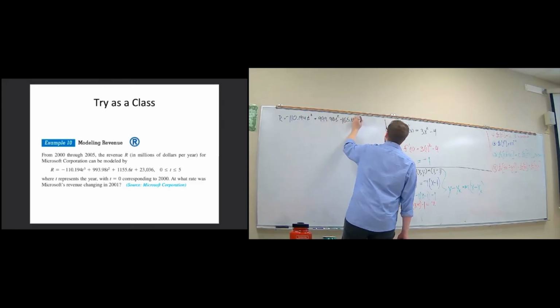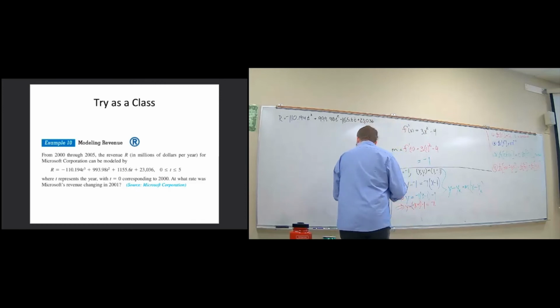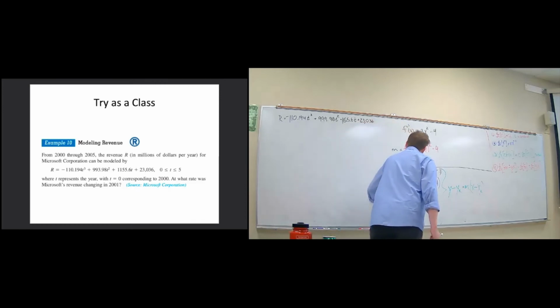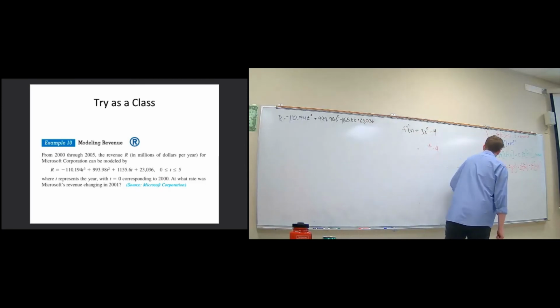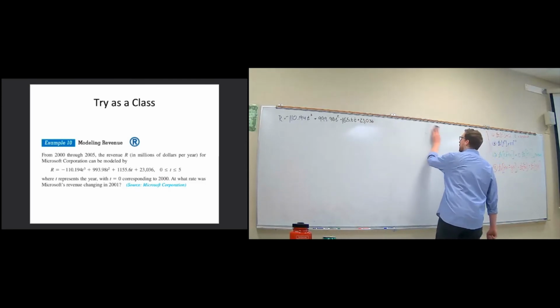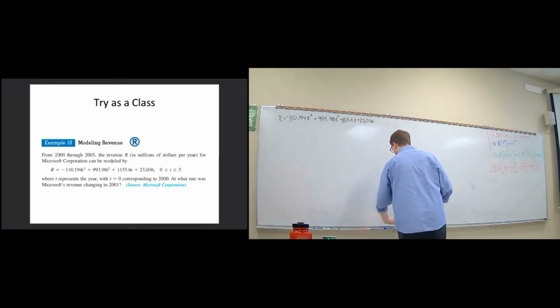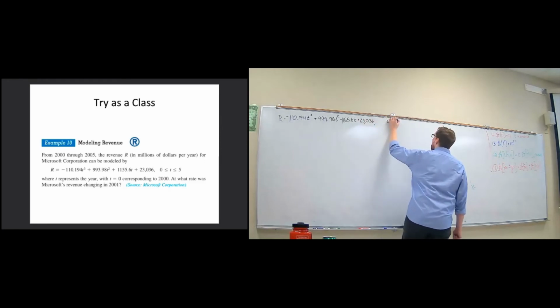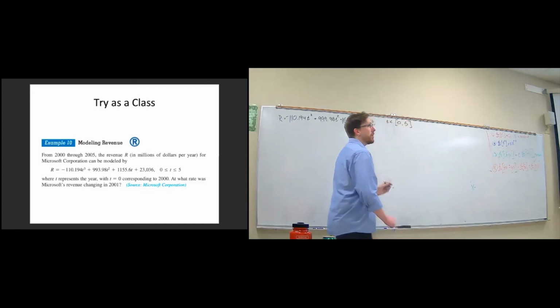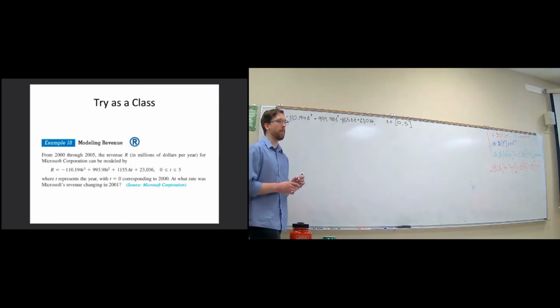Plus 23036, t is in the interval 0 to 5. So this funny e just means that t is in that interval.